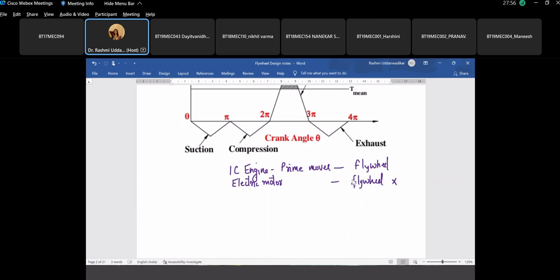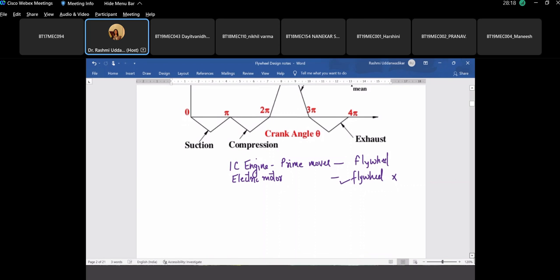So, this variation of energy is stored in the flywheel. In that case, a flywheel might be required. So if the input and output both are running at constant load, constant torque, a flywheel is not required. But if at either the input end or the output end there is a variation of the load, then a flywheel is required.